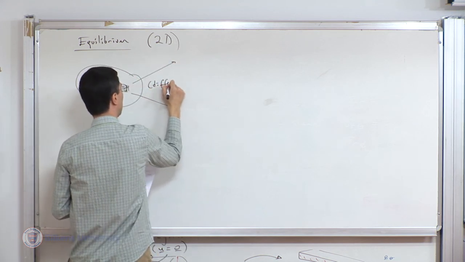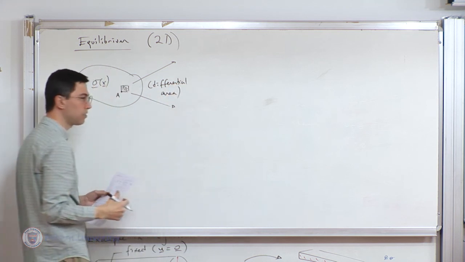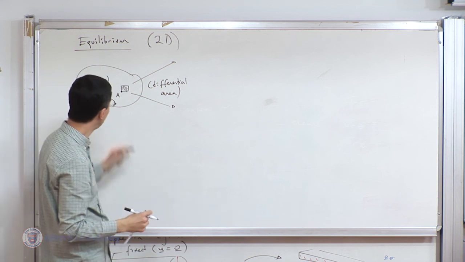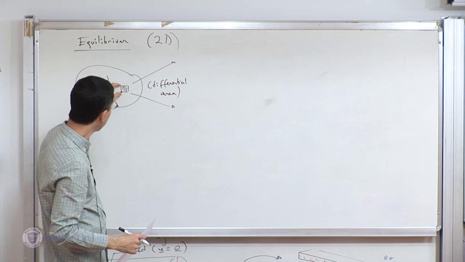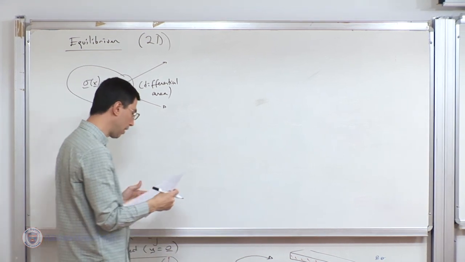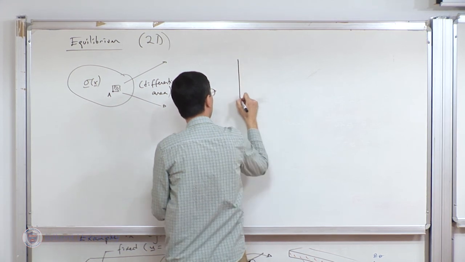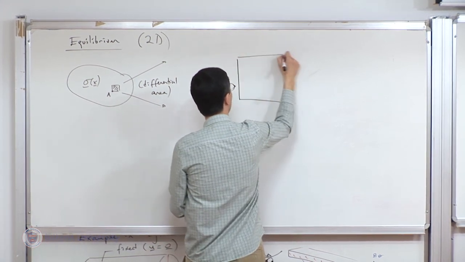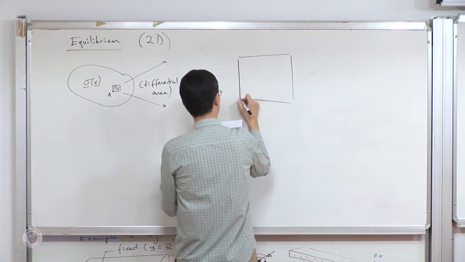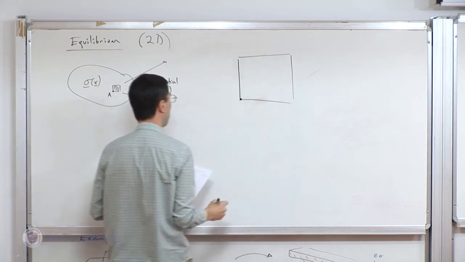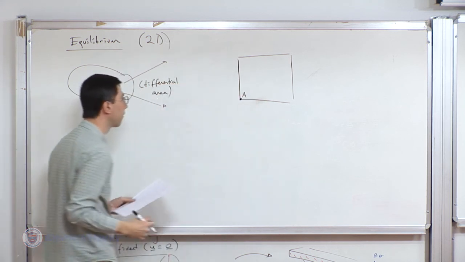Okay? What I'm drawing is not really a geometric representation of what goes on at a point. It's something that is extremely small, but it has a finite size. Okay, so this is the area, and this is our point A.